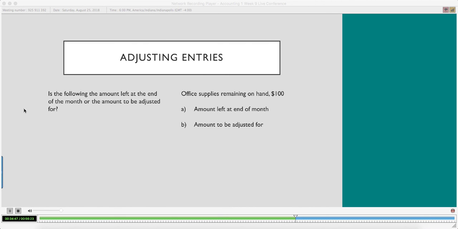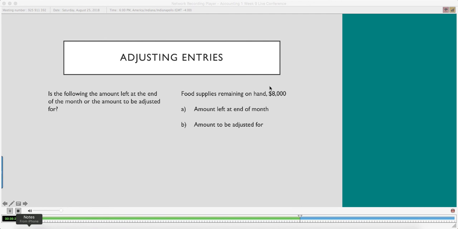What word? Exactly. You can use either remaining or remaining on hand, which means it's the amount we have left at the end of the month. So that amount would automatically go to the adjusted trial balance column, and then you would subtract the differences to find out what the account should be adjusted for.